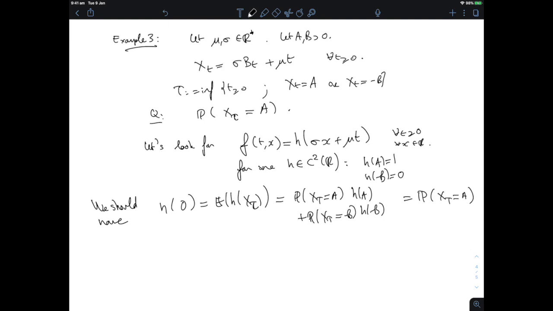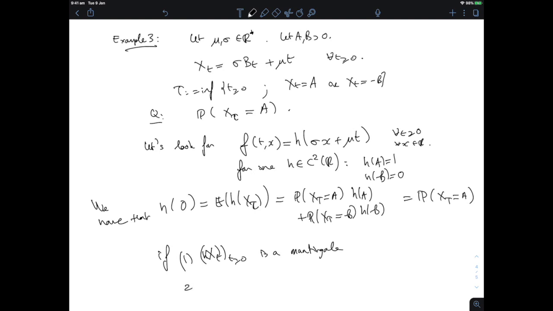So we need to show two things. If h of X_t is a martingale, that's the first thing I need to prove.